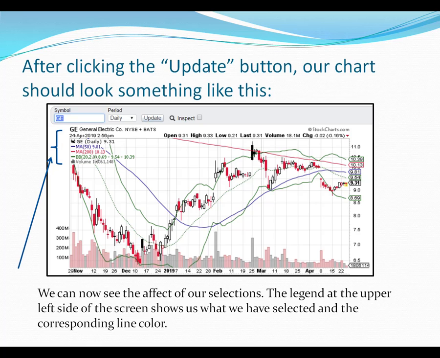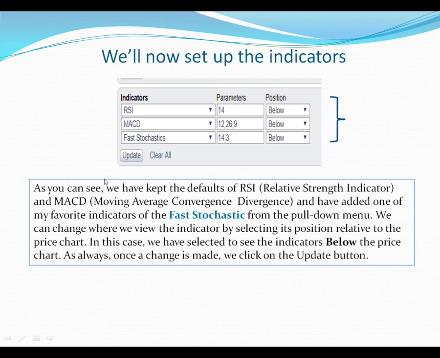Once again, our indicators are over here on the left. And as we finish, our setup should look like this: the RSI, MACD, and fast stochastic. We want to pull that up from our pull-down menu, and as you'll see when you do the pull-down, there'll be many selections there.